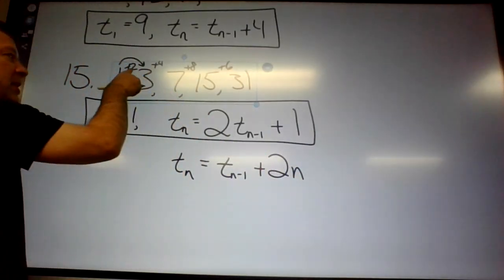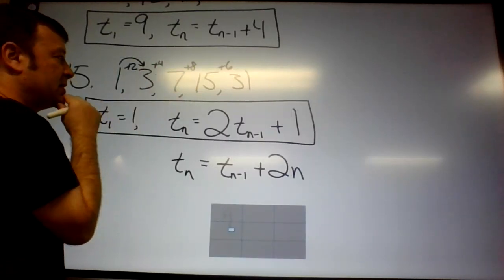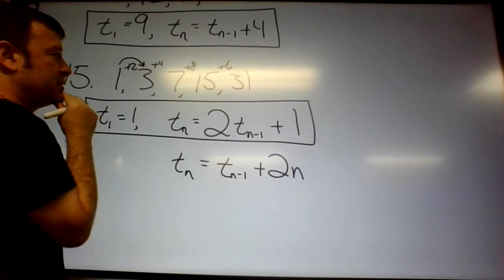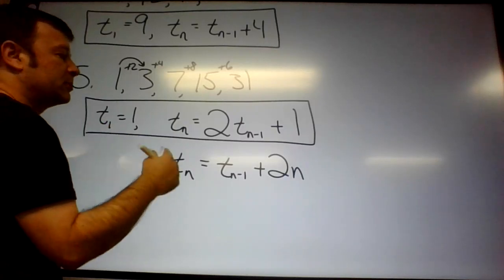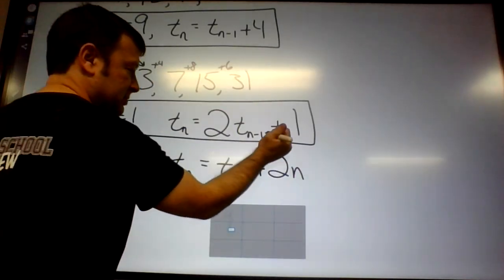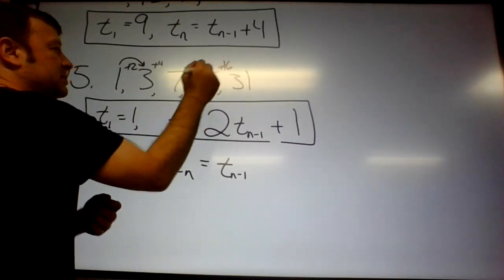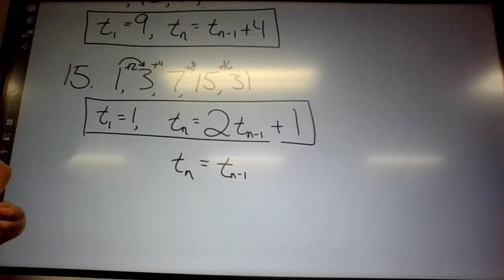So we're going up by even numbers, like 2, 4. Oh no, never mind. You'd have to double the double. That wouldn't work. If it was 2, 4, 6, 8, this would have worked. But it's 2, 4, 8, 16.